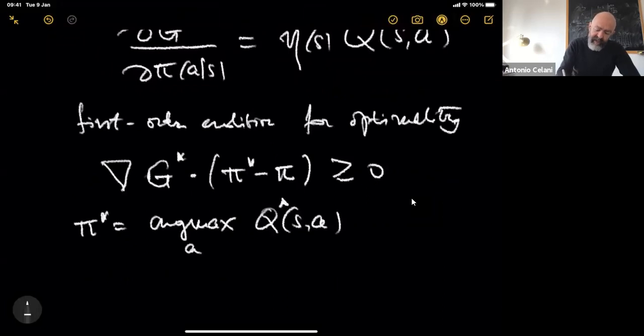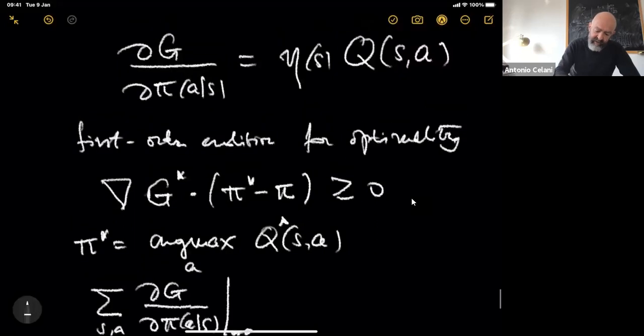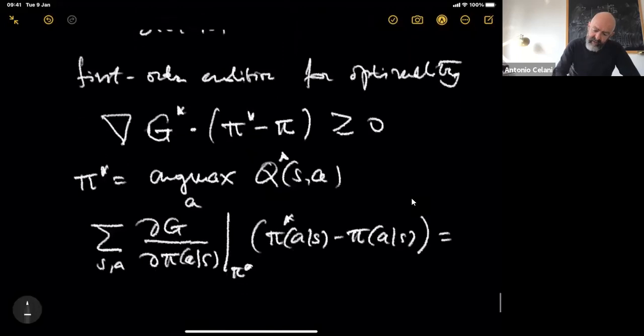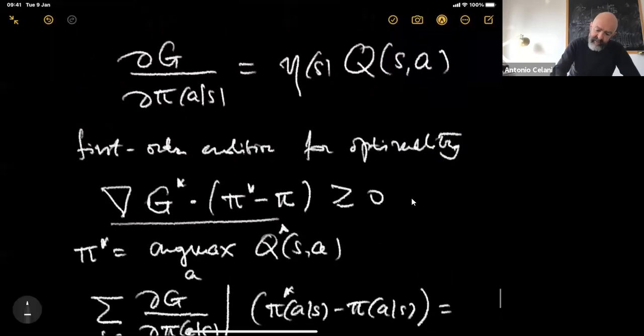Why? Because if you plug this in and take the product, what you end up with is the sum over S and A of dG/d pi(A|S) computed at optimality, at pi star. So this is the part that I'm writing here, times pi star(A|S) minus pi(A|S). Okay, so this object here, I replace for this expression.